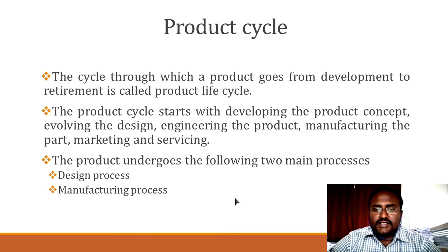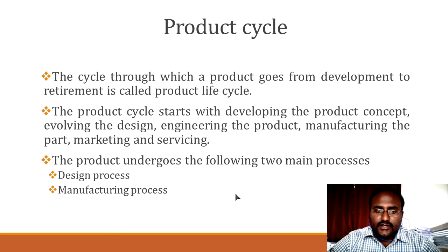So product cycle starts with developing the product concept and also evolving the designs and engineering the product, manufacturing as well as marketing and servicing. All the details come into the category of product cycle. So A to Z, that is product starting stage to product ending stage, is called the product cycle.